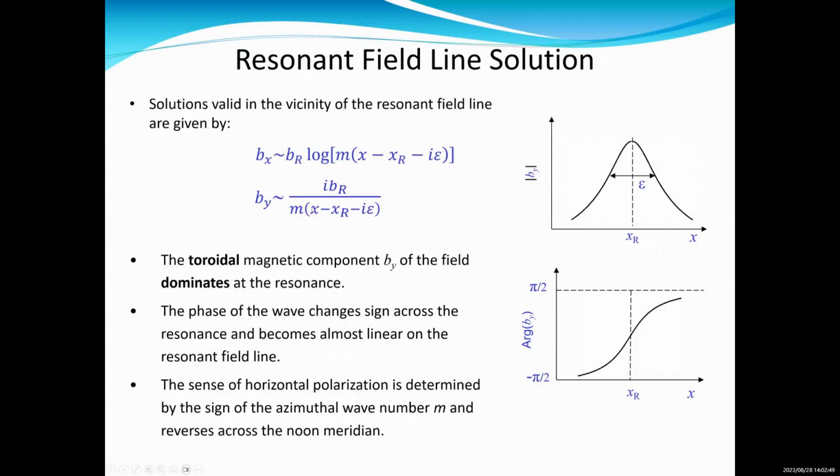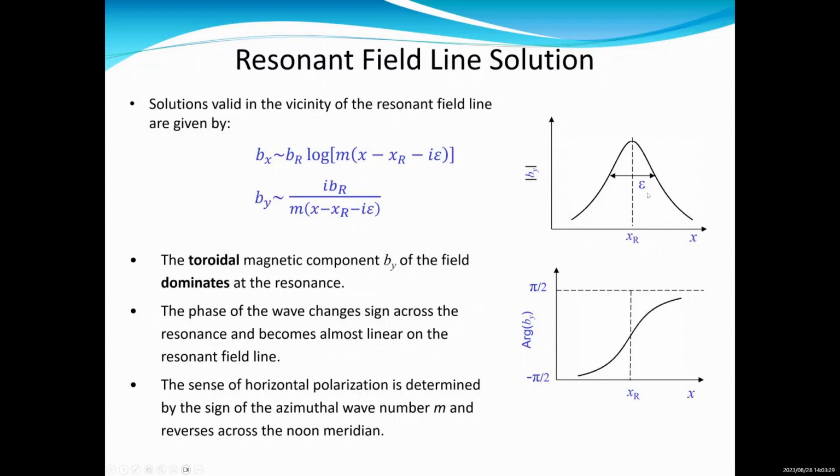Again, as x goes to xr, you approach the resonant field line, epsilon is small, and you get a large by, whereas bx varies relatively slowly. If you plot these solutions, which are valid in the vicinity of the resonant field line, this parameter epsilon related to the frequency and damping rate, and also the density or the inhomogeneity scale length in the Alfvén speed, it peaks on the resonant field line.